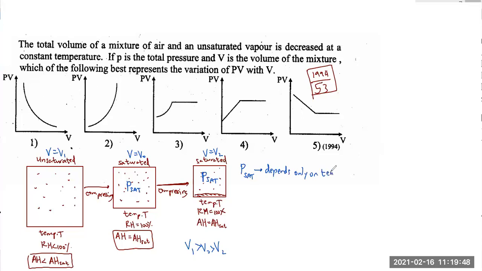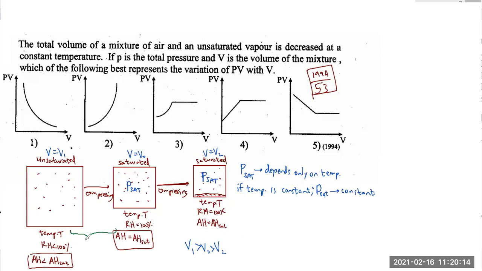If you don't change the temperature, so if temperature is constant, saturated vapor pressure will be constant. Right. But can you tell me what will happen from V1 to V0, during this portion? What will happen to the pressure from here to here?